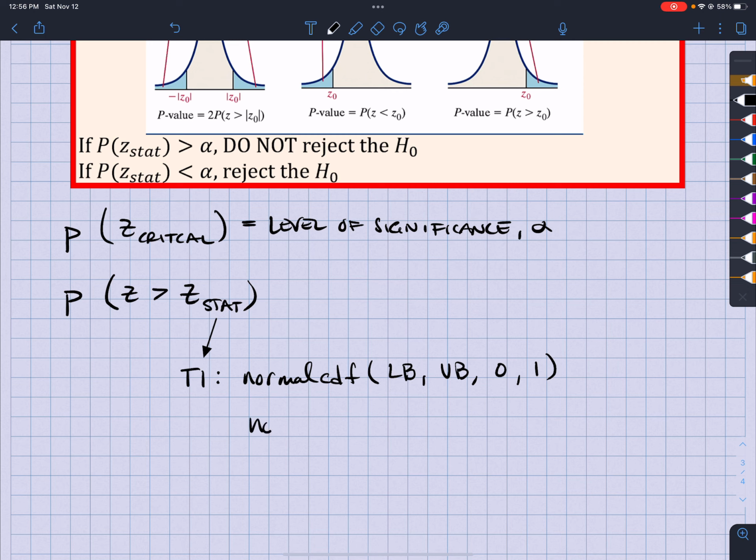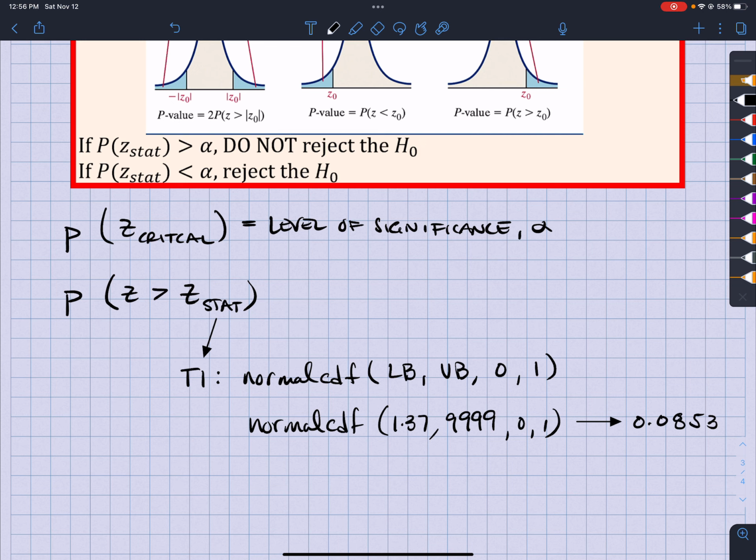So we will do the normal CDF of 1.37, comma, the upper bound, which is infinity, comma, 0, comma 1. And we should get 0.0853.